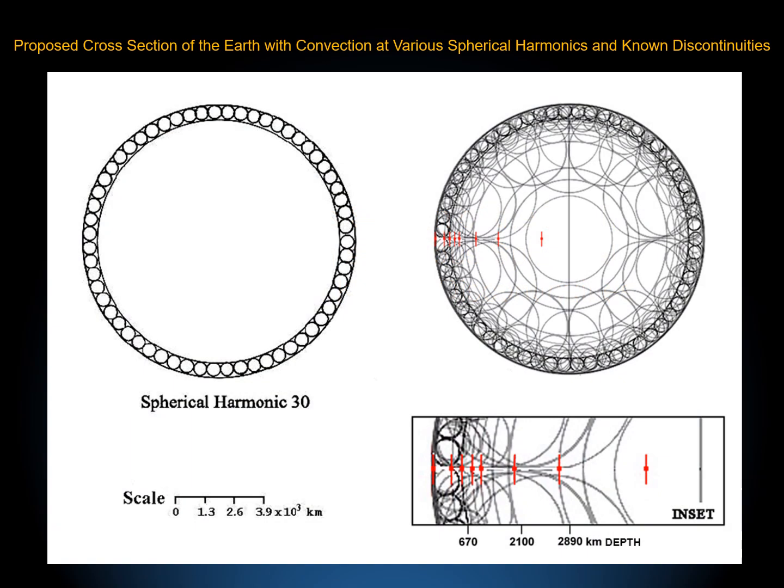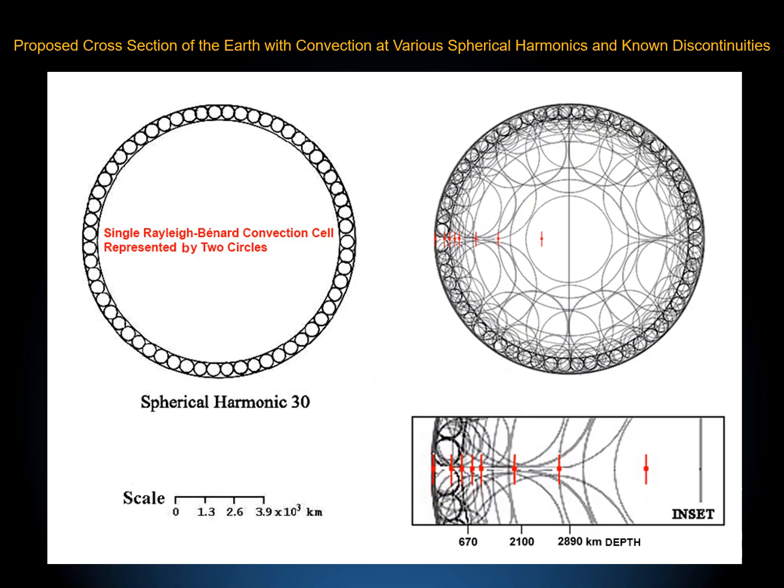Proposed cross-section of the Earth with convection at various spherical harmonics and known discontinuities. The image to the left is a cross-section of the Earth at spherical sectoral harmonic 30. In our model, each single Rayleigh-Benard convection cell is represented by two circles. So in this model, there are 60 circles representing spherical harmonic 30.